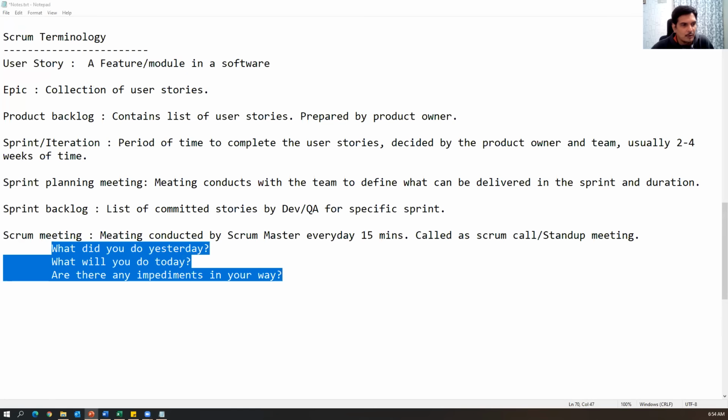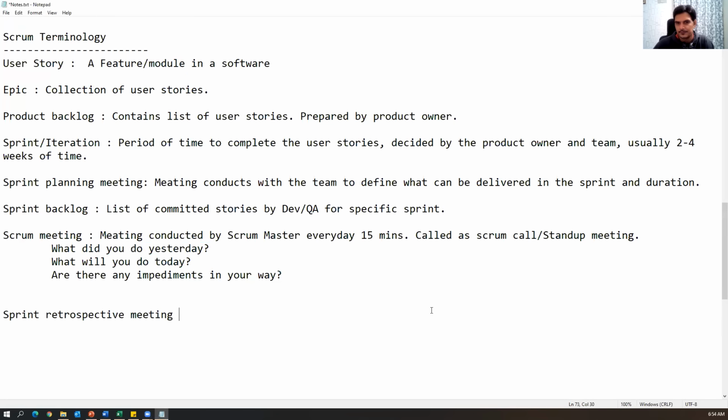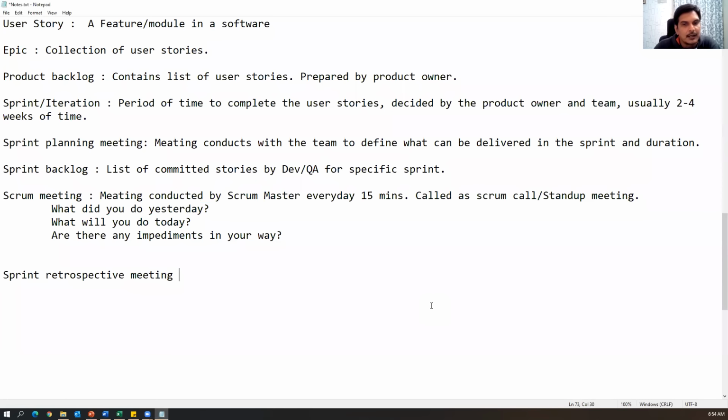And then there is one more meeting called the sprint retrospective meeting. This meeting will be conducted only once after completion of every sprint.